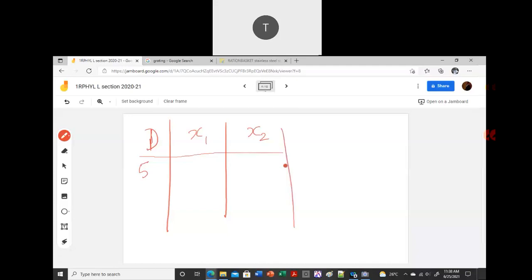In principle, you take 2 times x1 and 2 times x2, and then convert it into x1 and x2. So let me show that. Let me fix it at 5 centimeter.